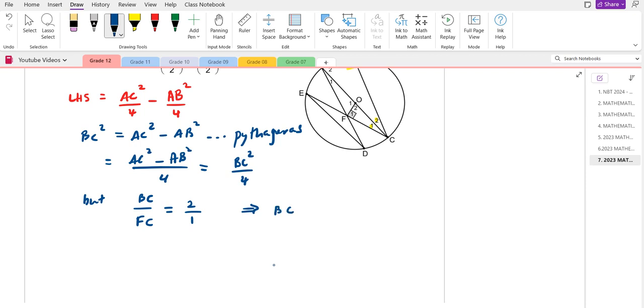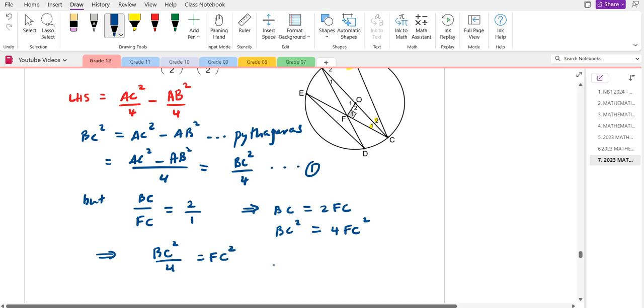Cross multiply: BC is equal to twice FC. Then if I square both sides, I'm getting BC squared is equal to 4FC squared. So BC squared over 4 is basically equal to FC squared. Right, so that's what we have.